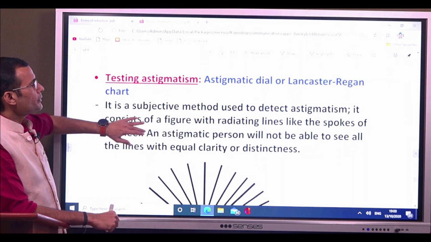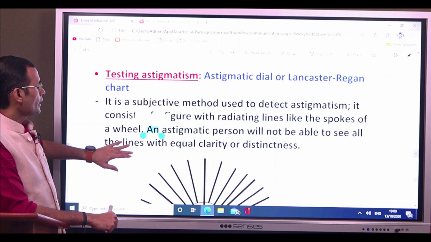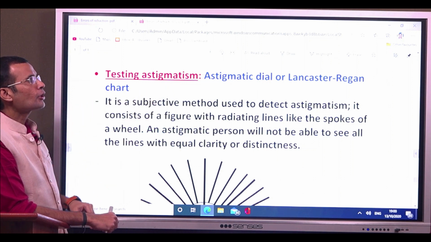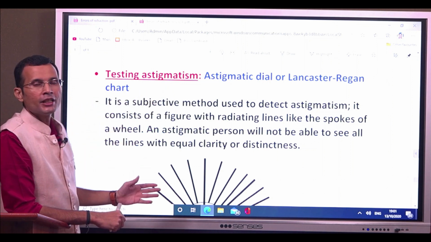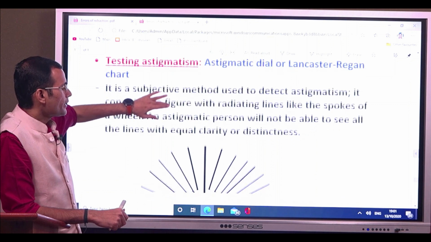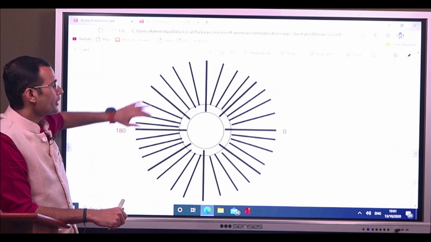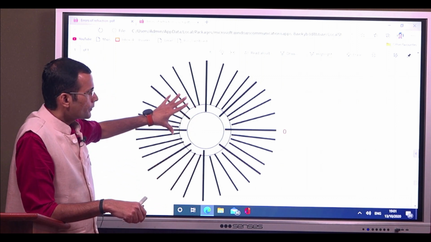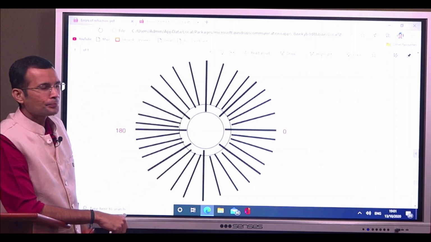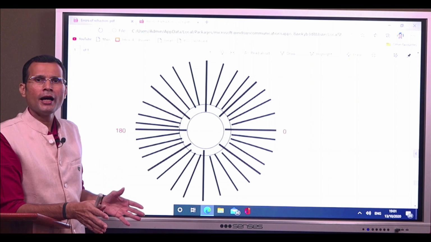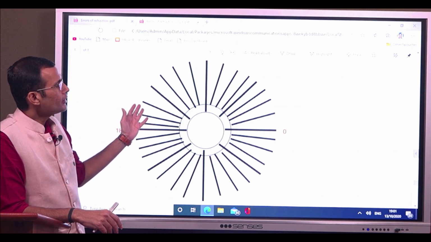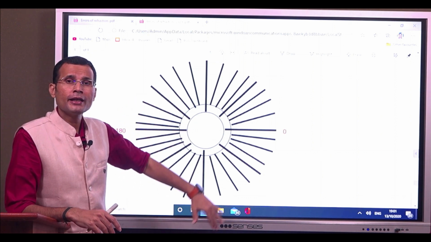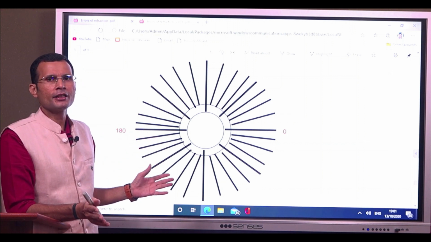How is astigmatism tested? It's by astigmatic dial or Lancaster-Regan chart. Astigmatic dial or Lancaster-Regan chart. You can see the lines, those lines, a normal eye will see all those lines with equal distinctiveness.